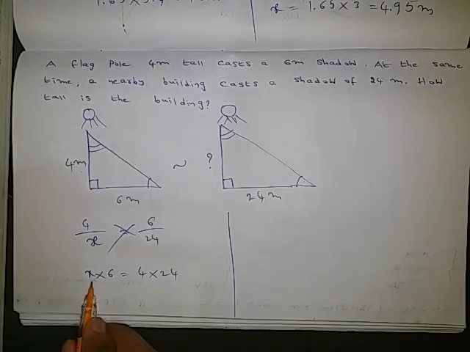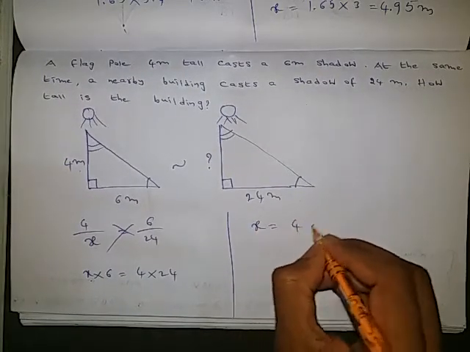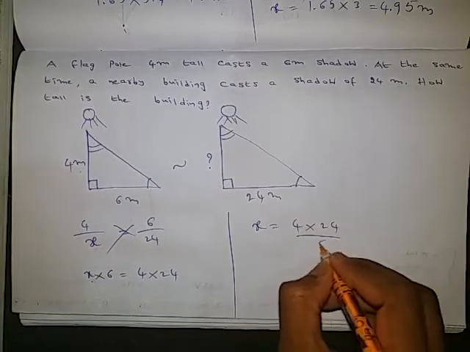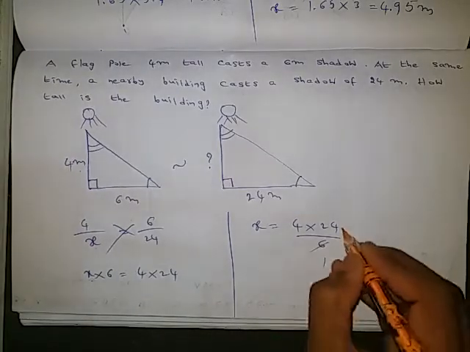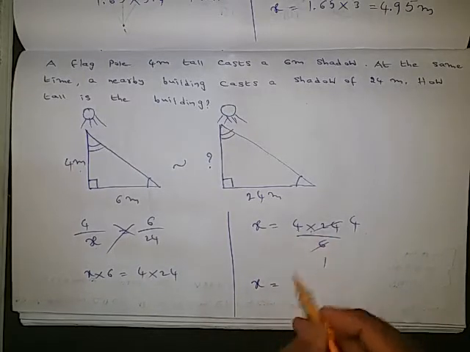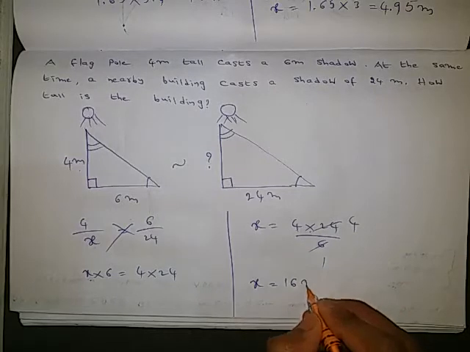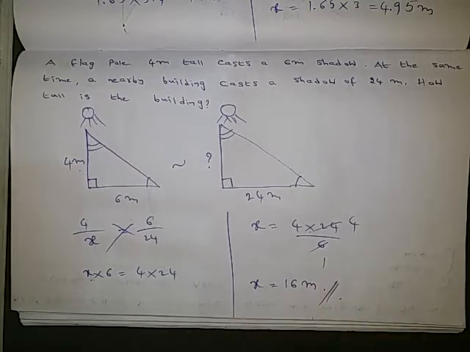Now we want the x value, so take 6 this side. x is equal to 4 into 24 divided by 6. 6 ones are 6, fours are 24, so x is equal to 4 into 4, 16. All the measurements are in meters, so this is also in meters. So the height of the building is 16 meters.